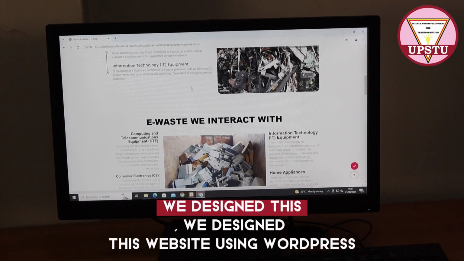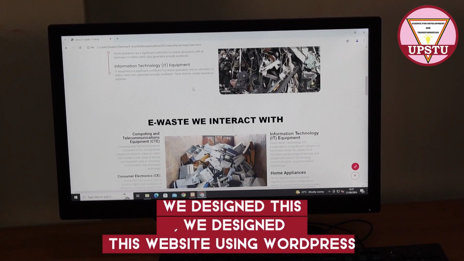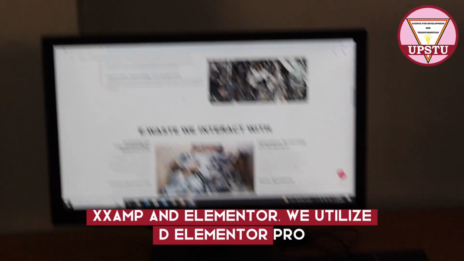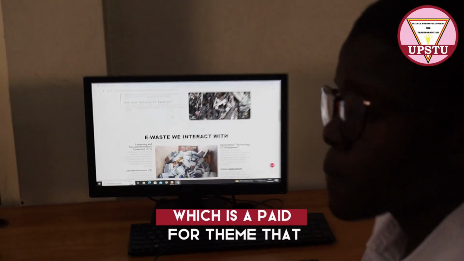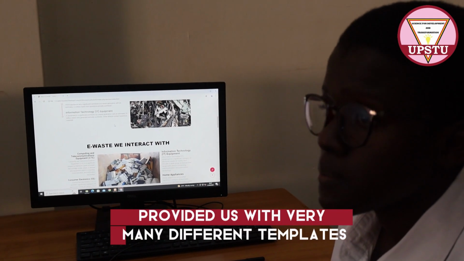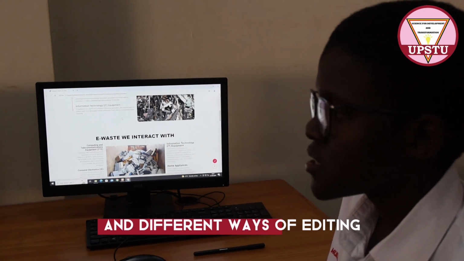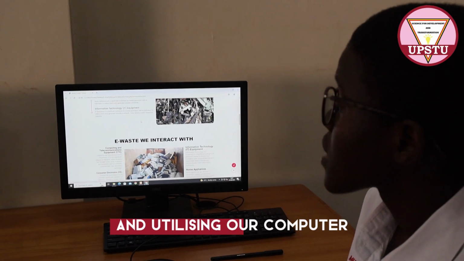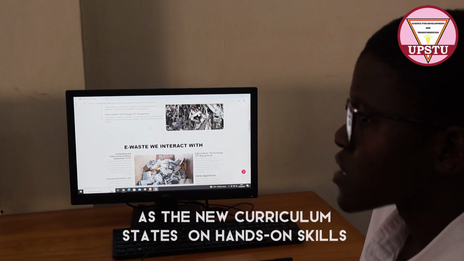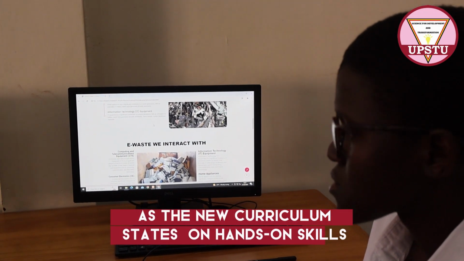We designed this website using WordPress, XAMPP, and Elementor. We utilized Elementor Pro, which is a paid-for theme that provided us with very many different templates and different ways of editing and utilizing our computer skills that were taught to us by our teachers, as the new curriculum states on hands-on skills.